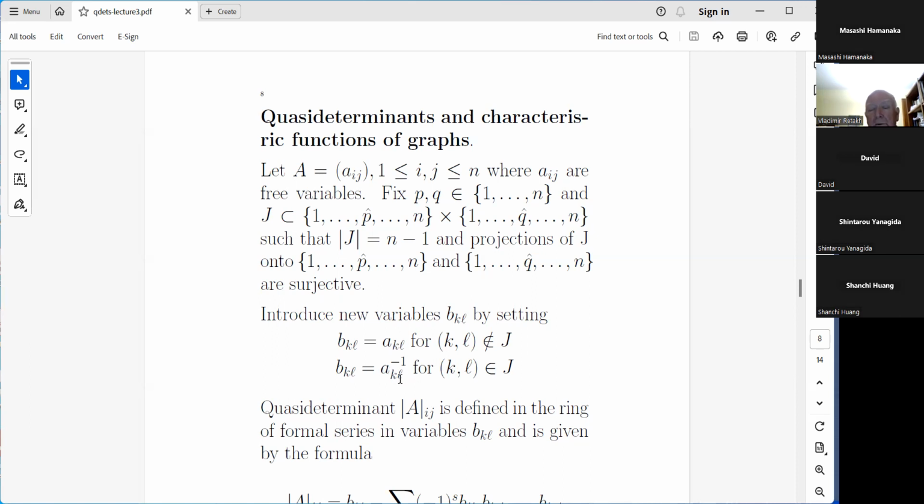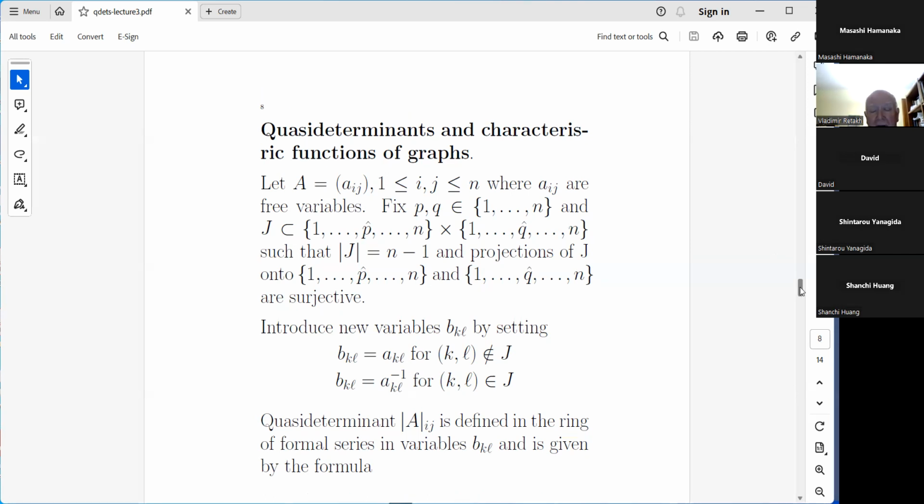Well, again, just an example would be that I equals 1, J equals 1, and then the rest of the diagonal elements. Okay, so I just define this.